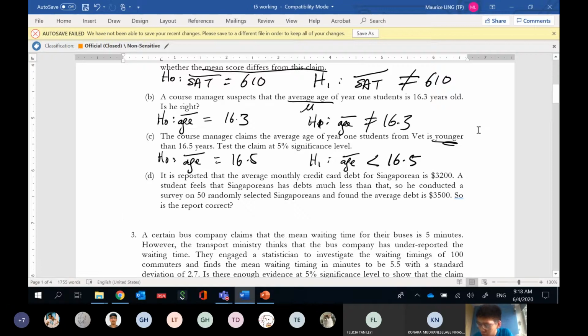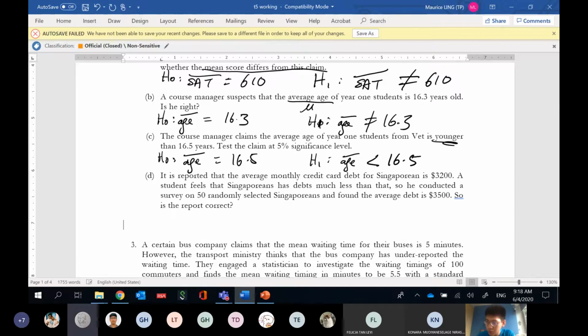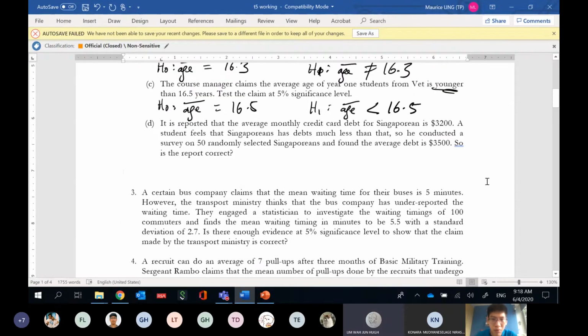So 1D, let's have Hugh. So I am here. For 1D, I put H0, the average depth, equals 3200.